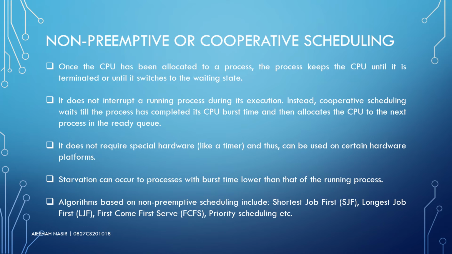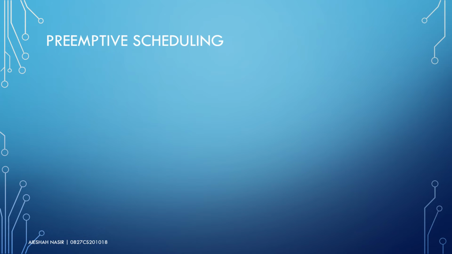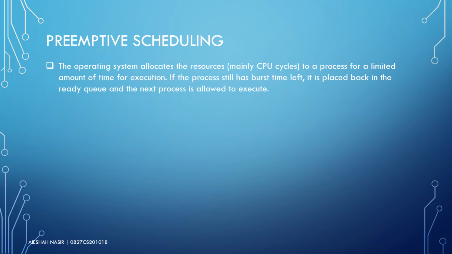Algorithms which are based on non-preemptive scheduling include shortest job first, longest job first, first come first serve, and priority scheduling.